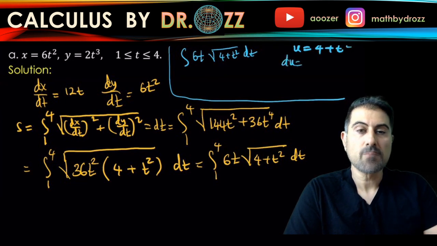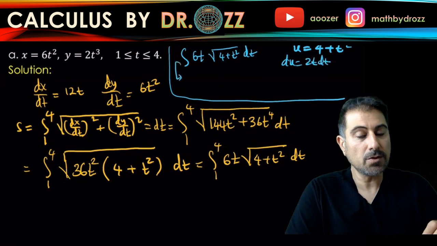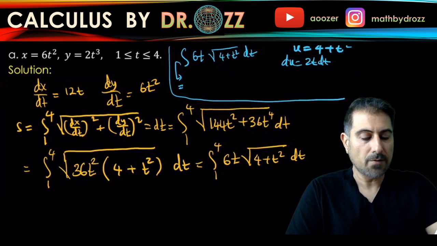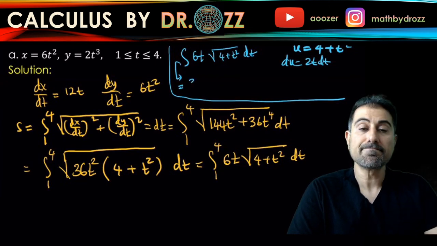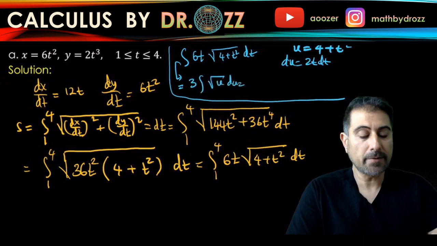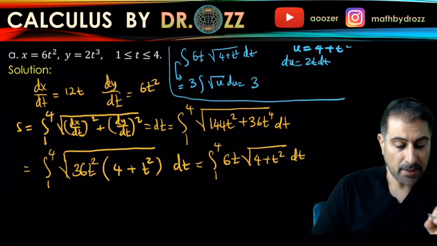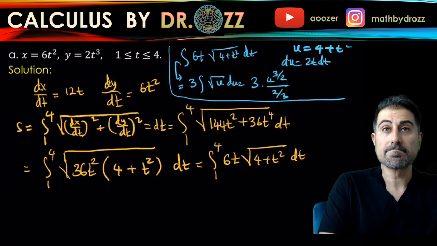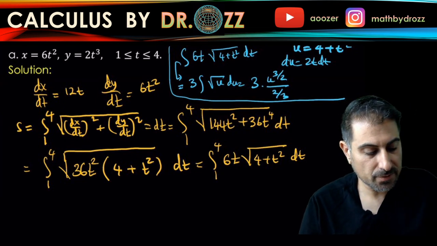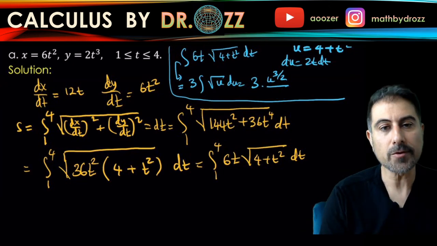Since 2t dt is du, I have 6t dt, so this integral is now 3 times the radical of u, du. Write it as u to the power of 1/2 and integrate: 3 times u to the 3/2 divided by 3/2. I'm sorry, 3/2. And if you flip the bottom over, you have 2/3, obviously.